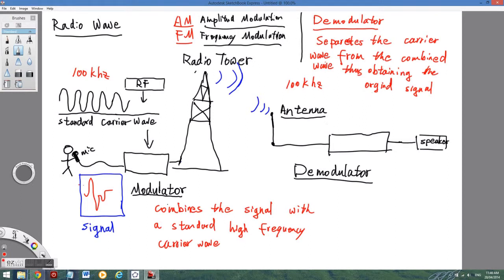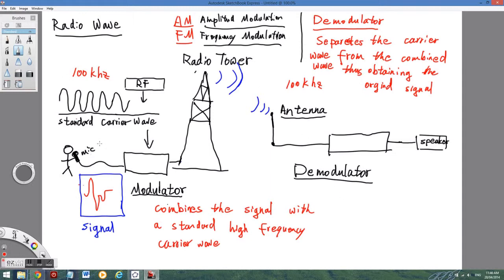The demodulator works like an inverse of a modulator. It separates the carrier wave from the combined wave, obtaining just the original signal. Then the original signal is sent to the speaker, and we are able to listen to the broadcast, the radio program.